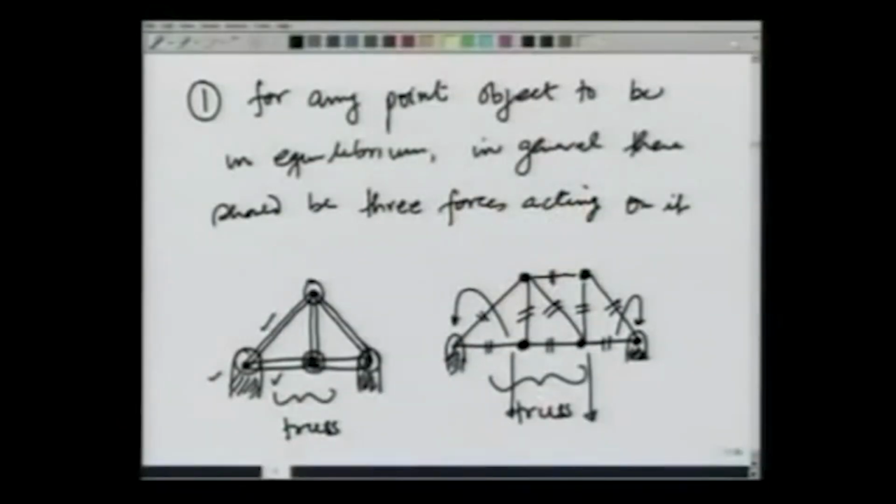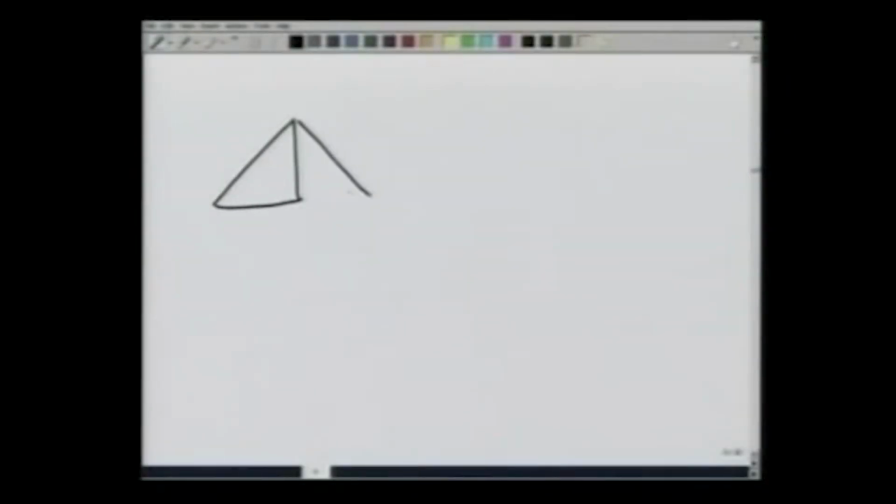So, the first structure that I made was this one and the second one was this one. The first structure that I made was like this. The number of joints is equal to 1, 2, 3, 4. So, 2j minus 3 is equal to 8 minus 3, which is equal to 5, and I have precisely 1, 2, 3, 4, 5 members.